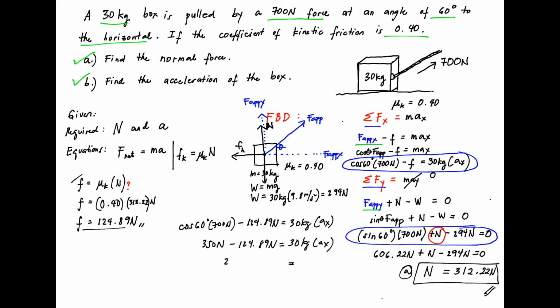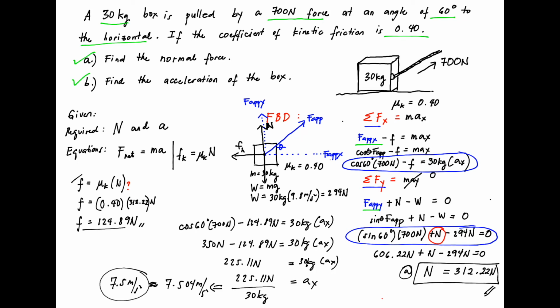Therefore, we have 225.11 Newtons equals 30 kilograms times a x. Therefore, a x equals 225.11 Newtons over 30 kilograms, and the acceleration is 7.504 meters per second squared, or rounded off to 7.5 meters per second squared. And that is our answer for letter B, the acceleration.